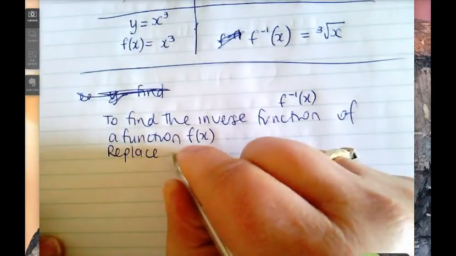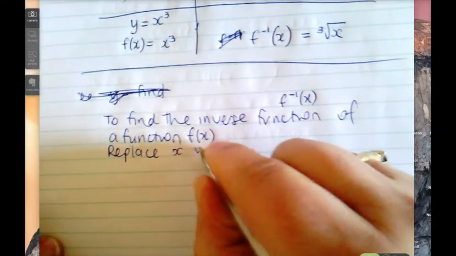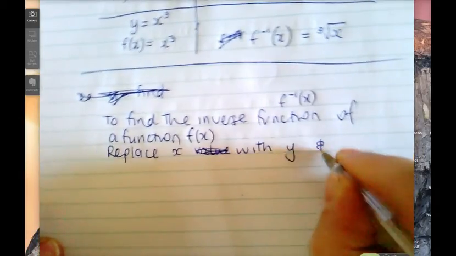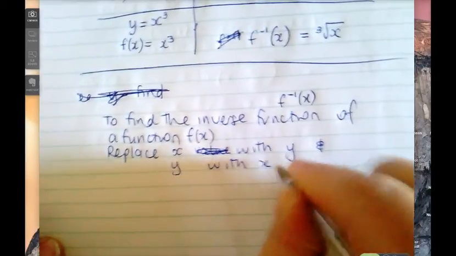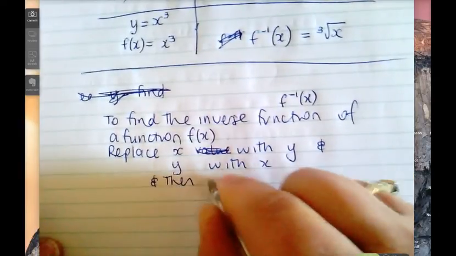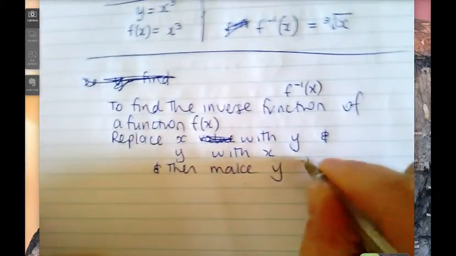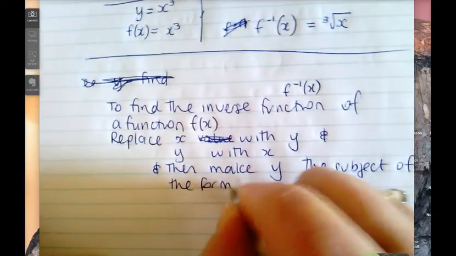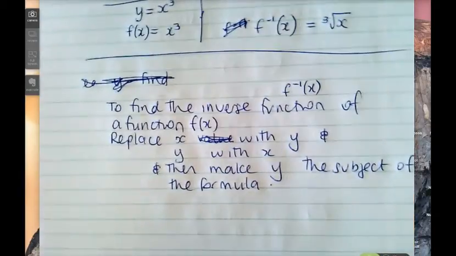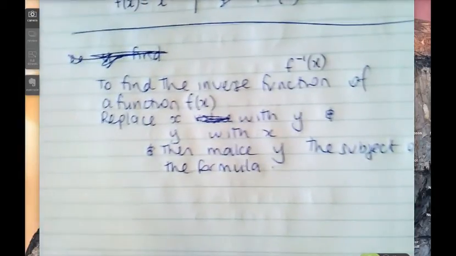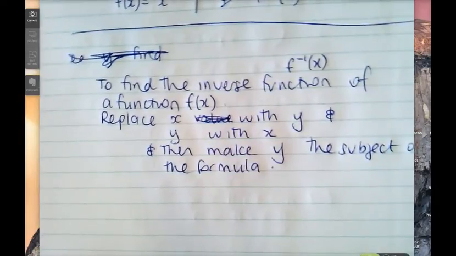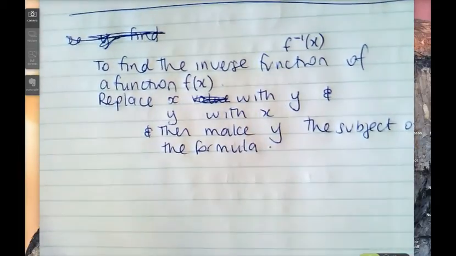All you do is replace the x with a y and the y with an x, and then make y the subject of the formula. Okay, so to find the inverse function, f to the minus 1 of x of a function of x, we replace the x with y and the y with x. We swap them around basically, and then make y the subject of the formula.